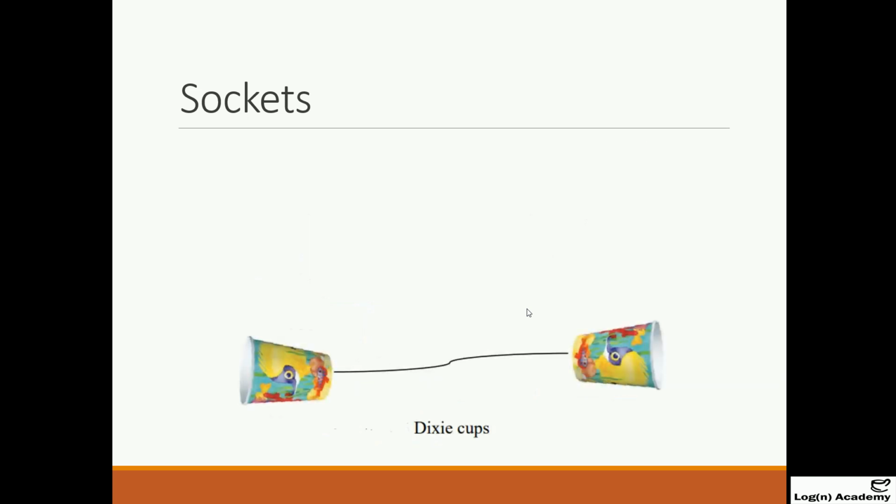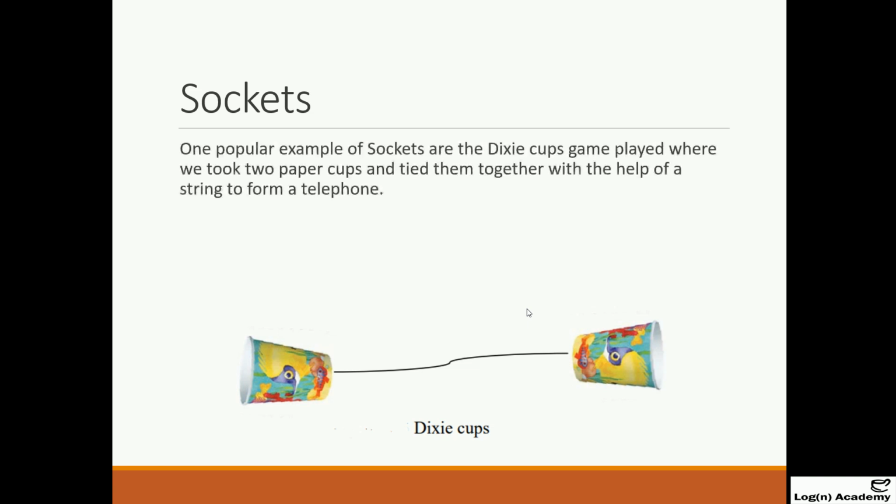This is a very popular example, Dixie Cups. One popular example of sockets is the Dixie Cups game, where we took two paper cups and tied them together with the help of a string to form a telephone. So one person speaks into one cup, and the other one can hear that while having the cup on his ear, right?